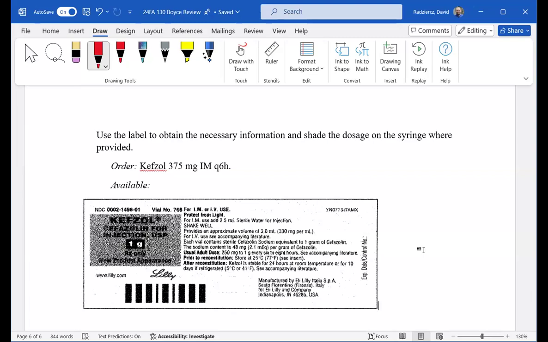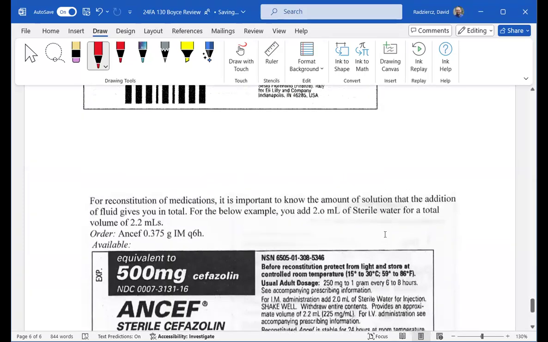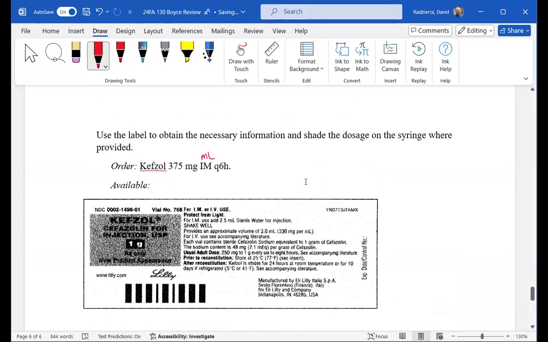The first clue is that it'll tell you that you're looking for something intramuscular. Intramuscular means it's an injectable, which means your answer is going to be in milliliters. In this question, it tells you to shade the syringe. So if it's a syringe, you know it's not a tablet or a capsule.